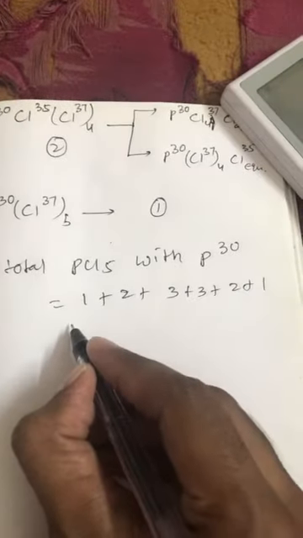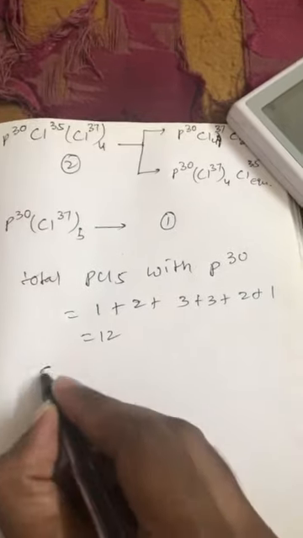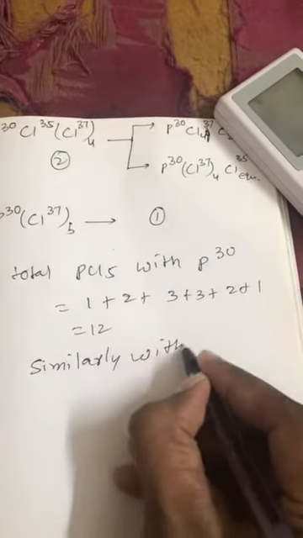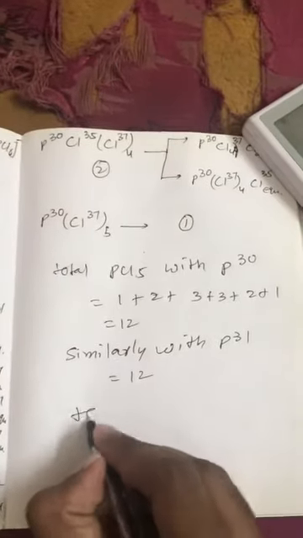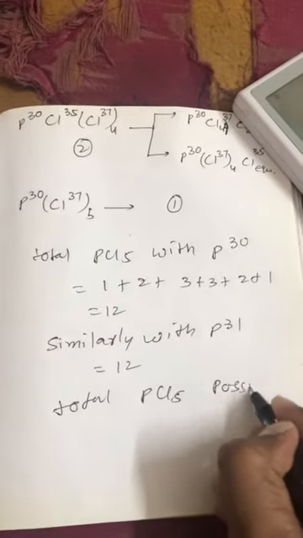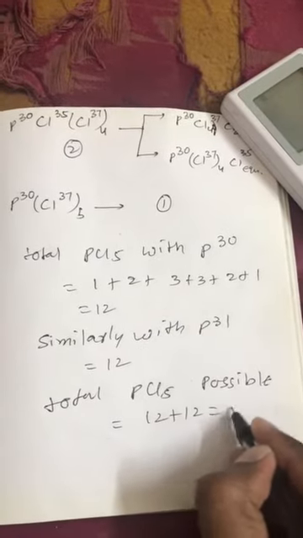So it is 12. So total PCl5 with P30 is 12. Similarly, with P31, 12. So total PCl5 possible is equal to 12 plus 12, that is 24.